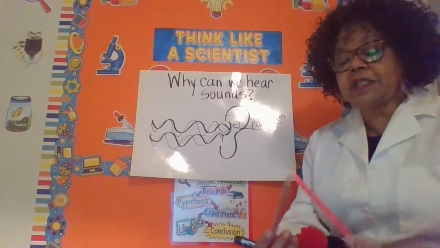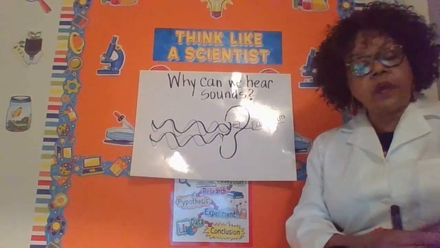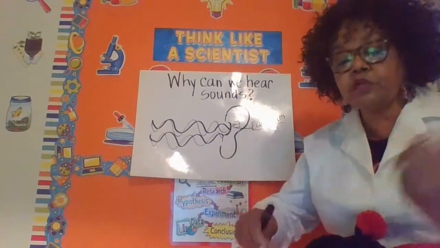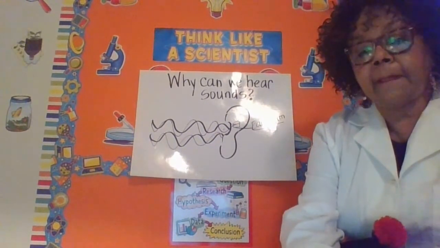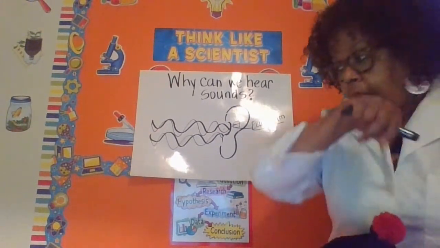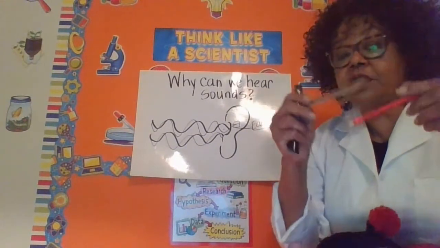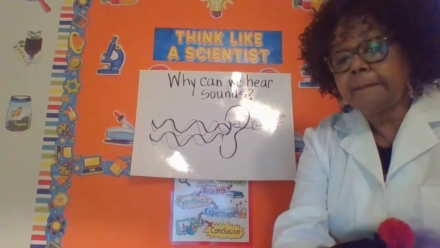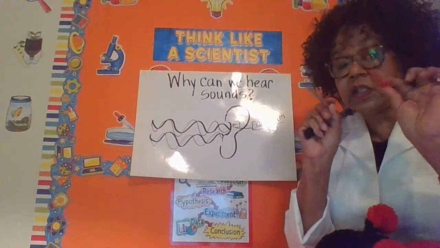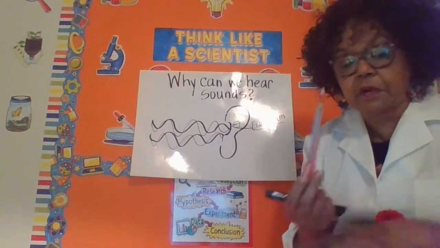Now, if I pretended that these were my drumsticks, and I wanted to pretend like I'm in a band, I'm going to tap on something. I made some noise by tapping onto my make-believe drum. It's just a surface, because I don't have a drum.